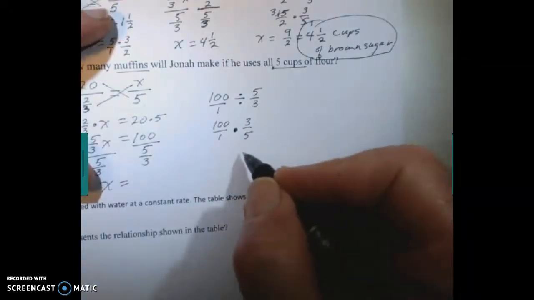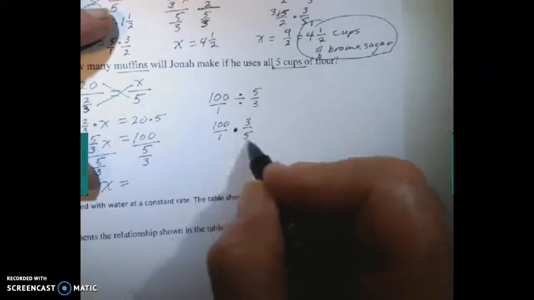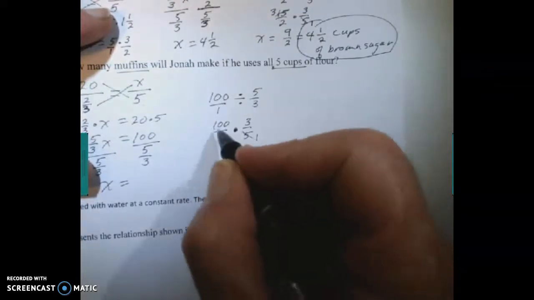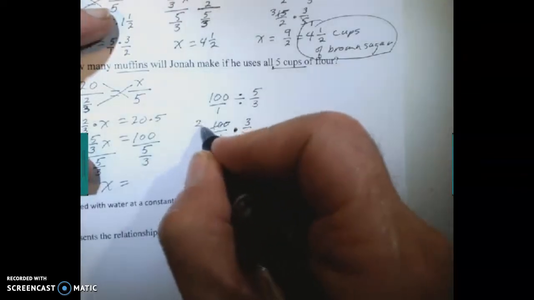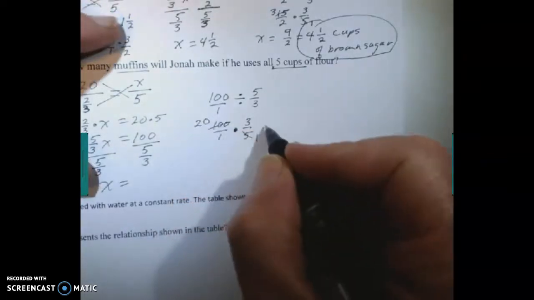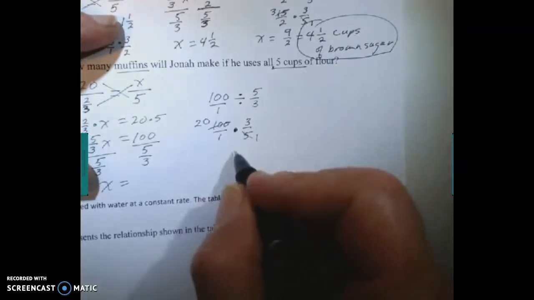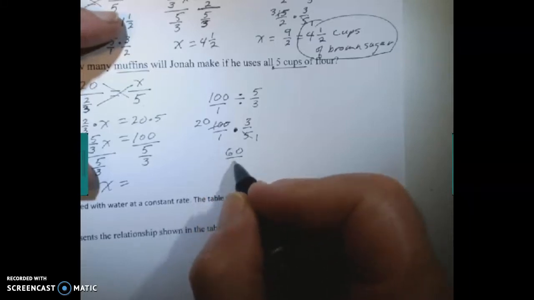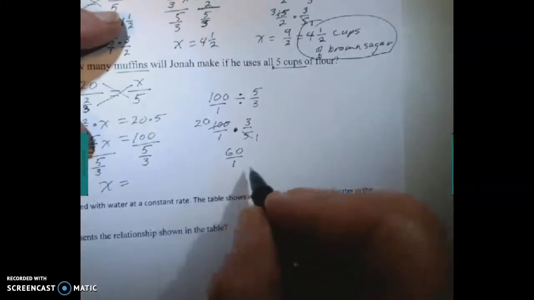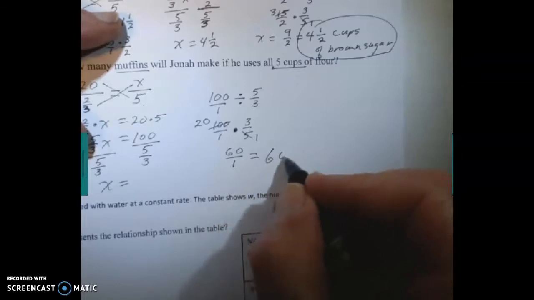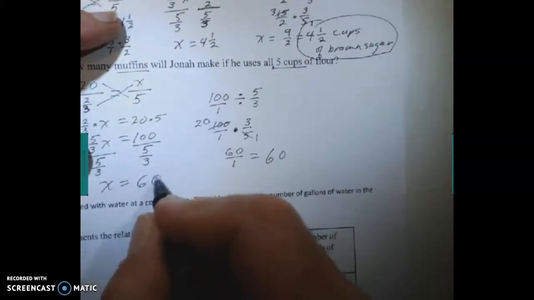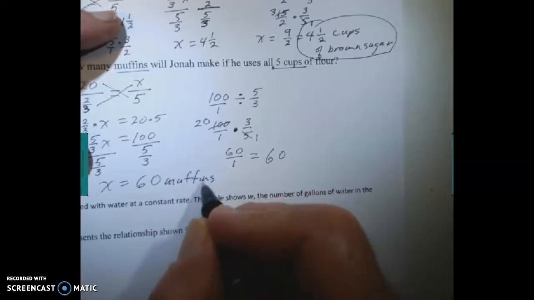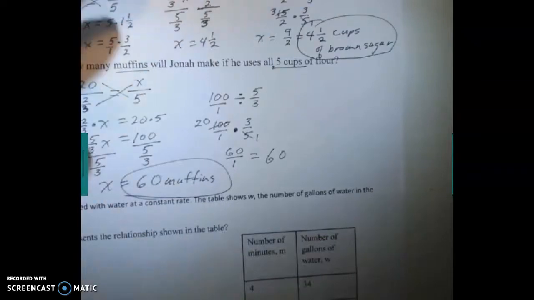Again, reducing is a wonderful tool. 100 and 5 can both be divided by 5. 5 divided by 5 is 1. 100 divided by 5 is 20. So now I have 20 times 3, that is 60, and 1 times 1 for my denominator, 60 over 1, that is 60. He can make 60 muffins using all 5 cups of flour.